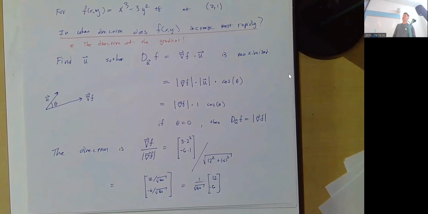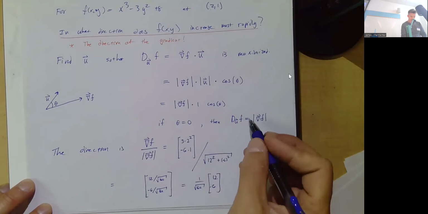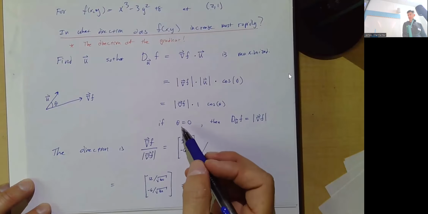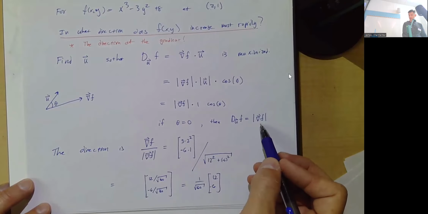How fast is it increasing? Well, we already did it. We said right here that if the angle is 0, which is going to give you the maximum derivative, then the derivative is equal to just the magnitude of the gradient.